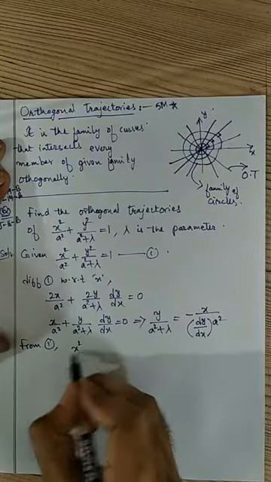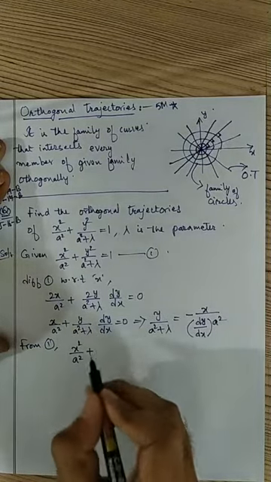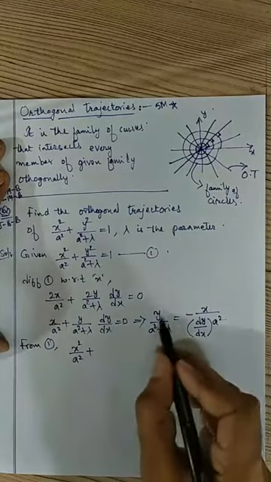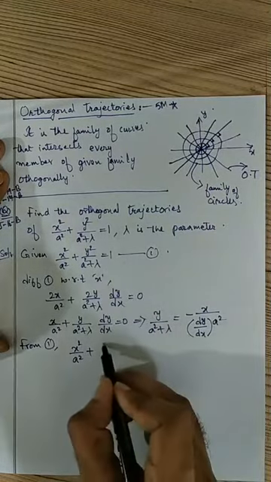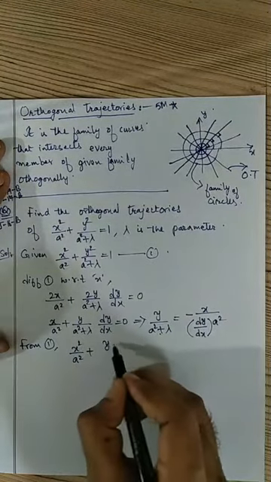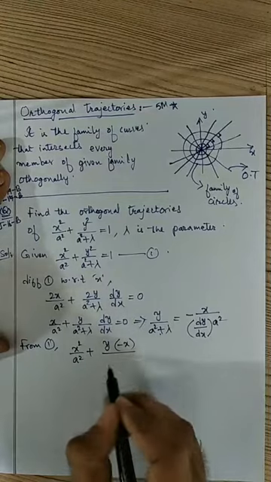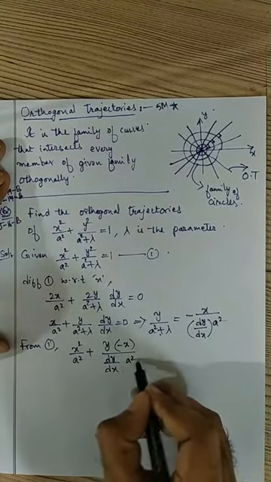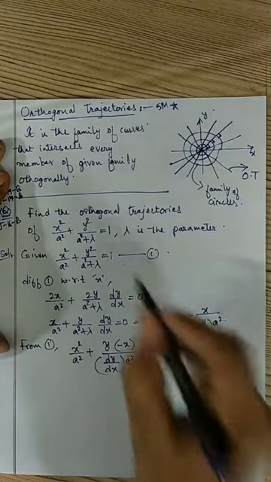what will happen? x square by a square plus, actually here y square is there, but I am having only y by a, so one y will be as it is, and the remaining y by a square plus lambda can be replaced with minus x by a square into dy by dx, equals to right hand side 1.